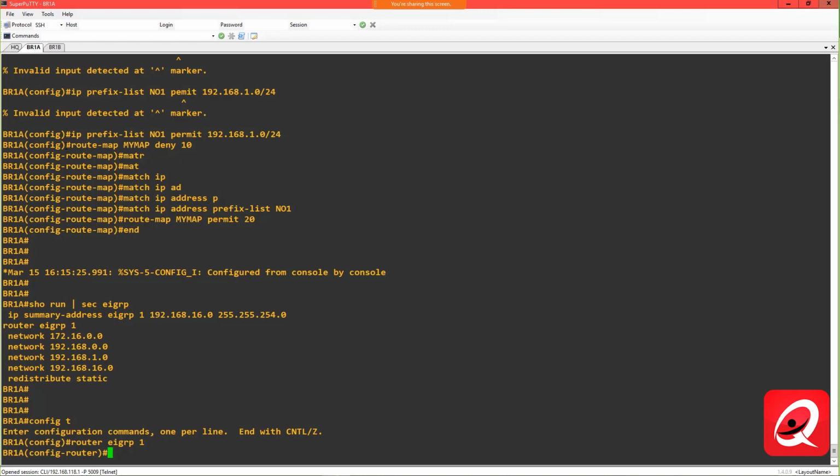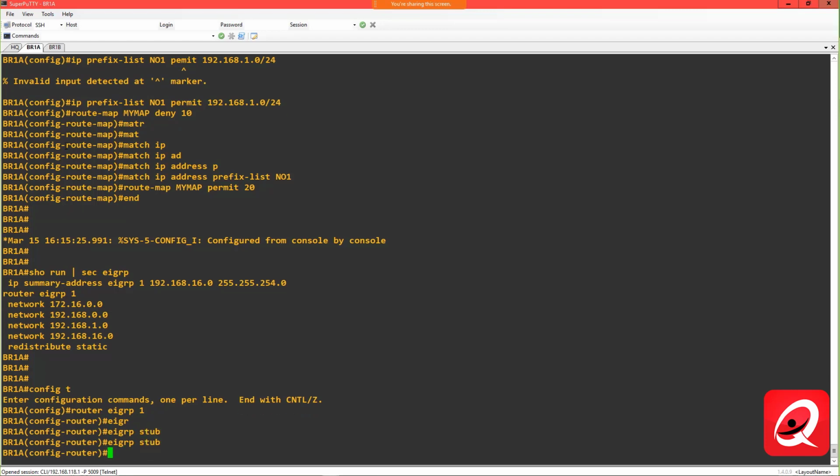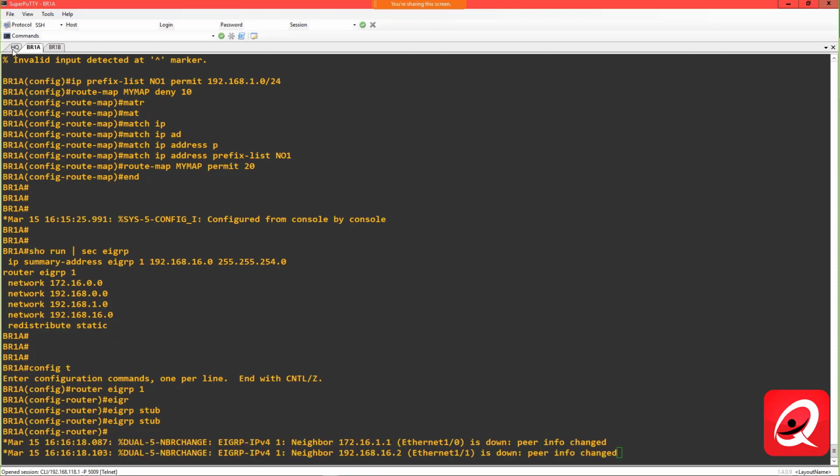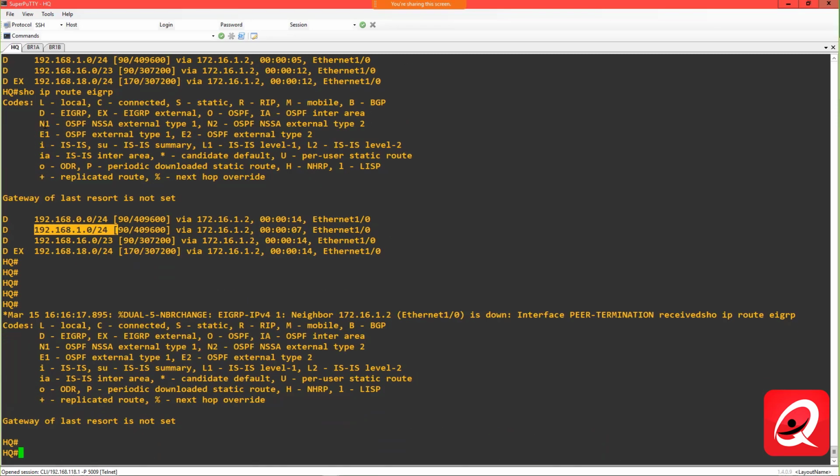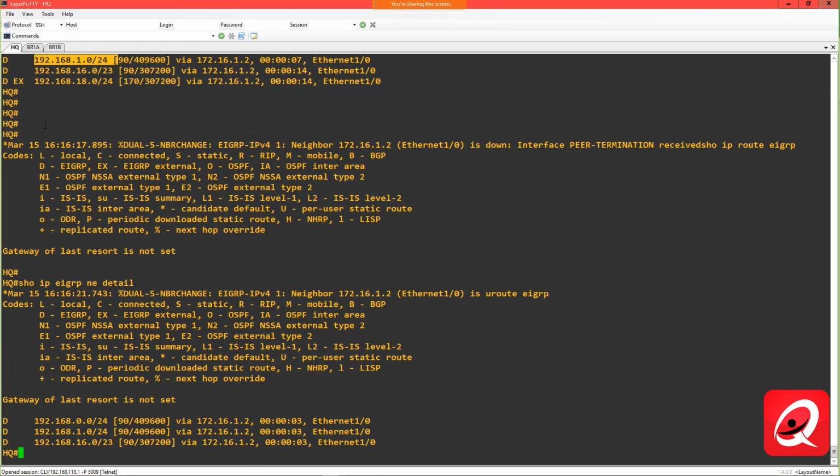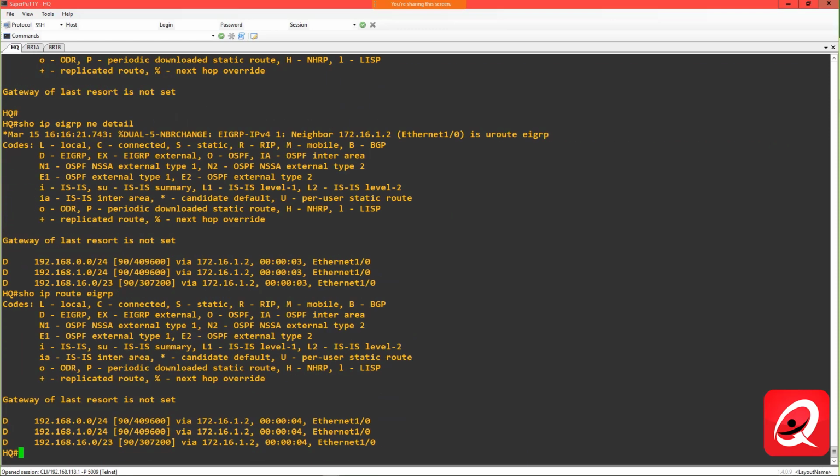A connected route, as long as it's part of EIGRP, is still considered an EIGRP route, just like a static route that's redistributed into EIGRP. So if I do EIGRP stub, I should still see the one subnet, right? Because it's a connected route. And when you do EIGRP stub, you're doing connected and summary.